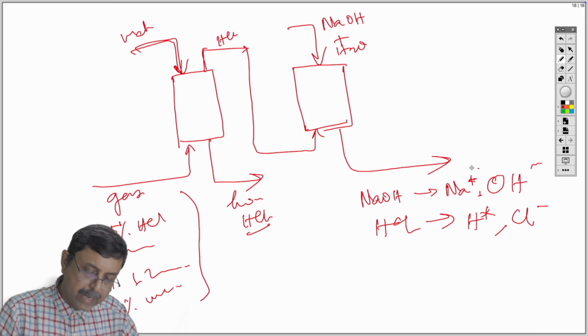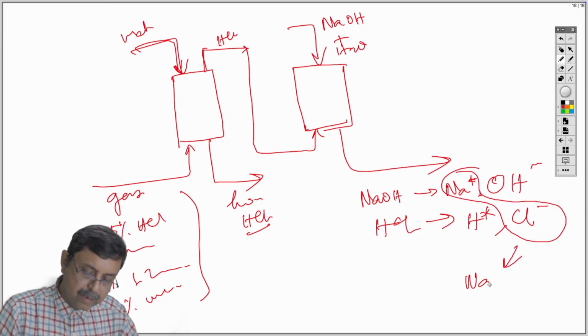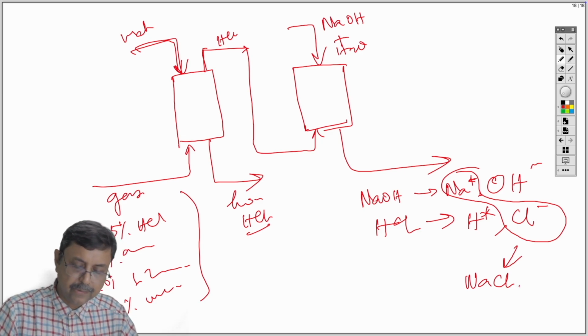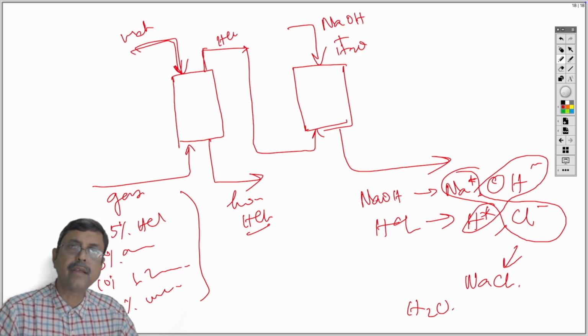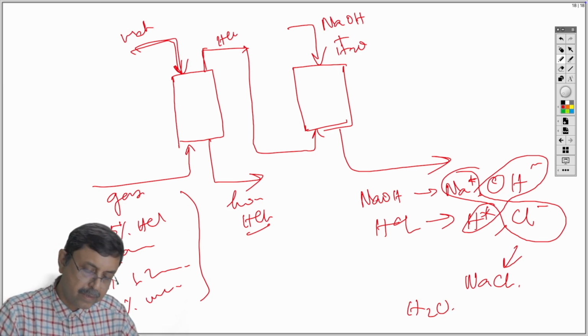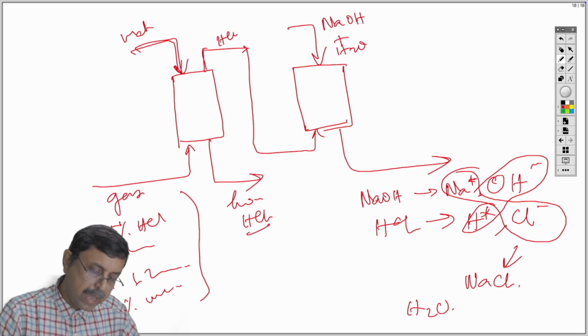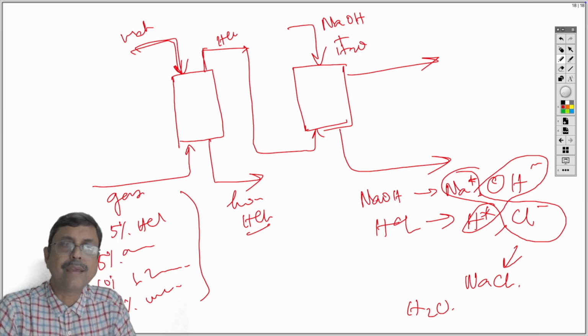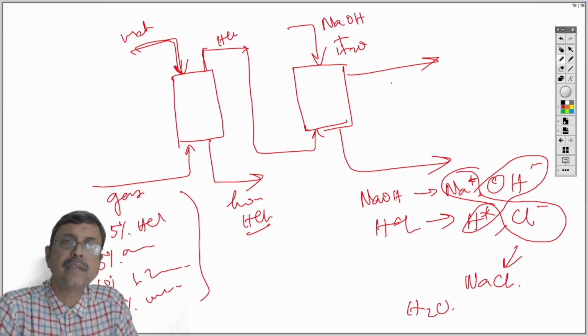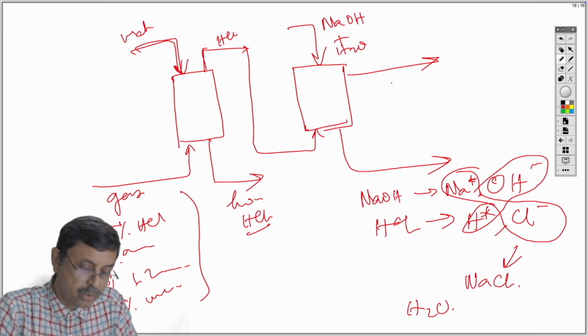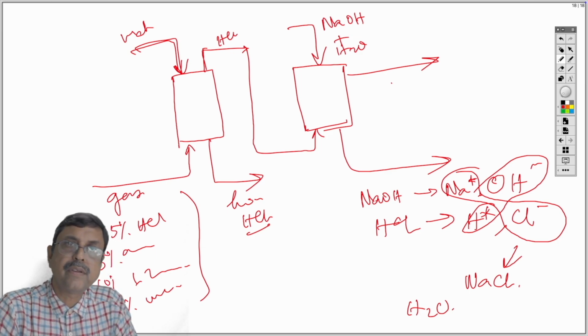So Na+ and Cl- will react and we will get NaCl dissolved, and H+ and OH- will form H2O. So this is the salt solution we can expect through this liquid stream, and the gas stream will come out from the top, and we expect that this gas stream will be very, very lean with HCl. Almost no HCl should be there. So that is the job of a scrubber.